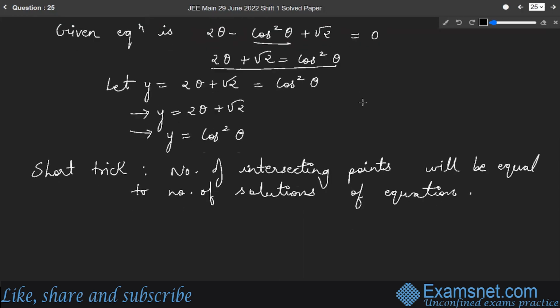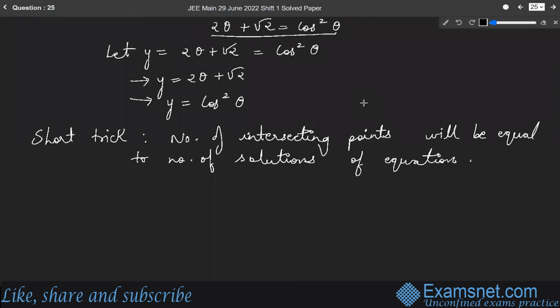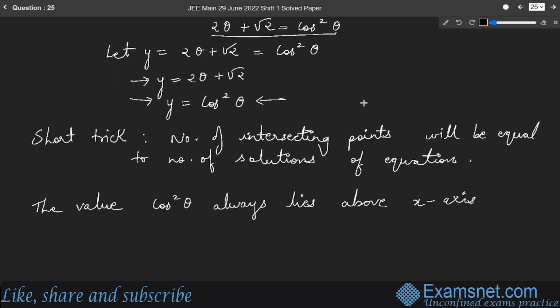So first, let us make the graph for both these values. First value is y is equal to cos square theta. Do you know where cos square theta lies in the graph? The value of cos square theta always lies above the x-axis. This is a very basic concept. You need to remember this.